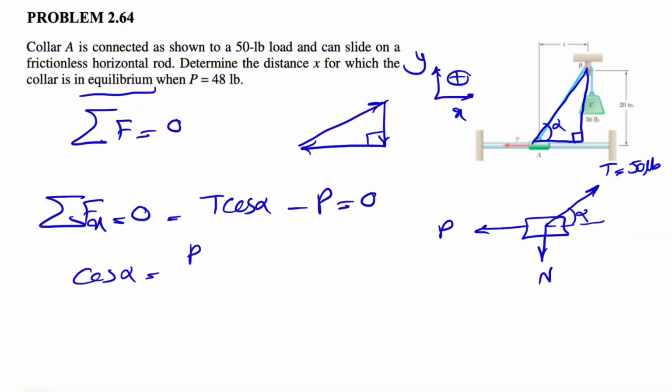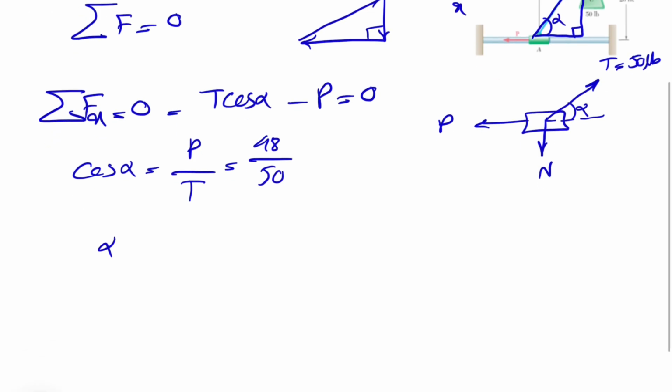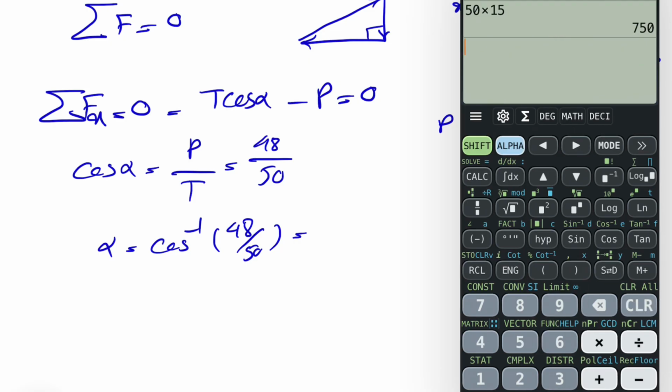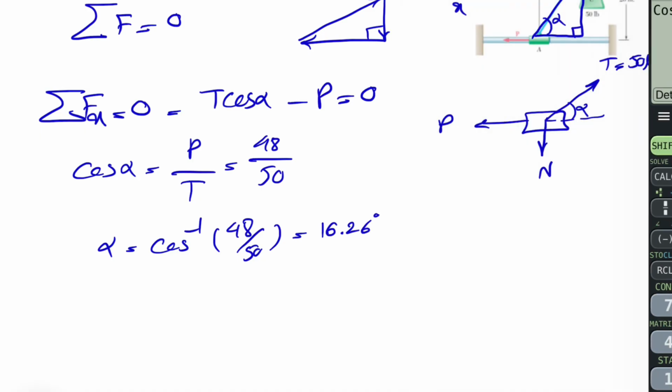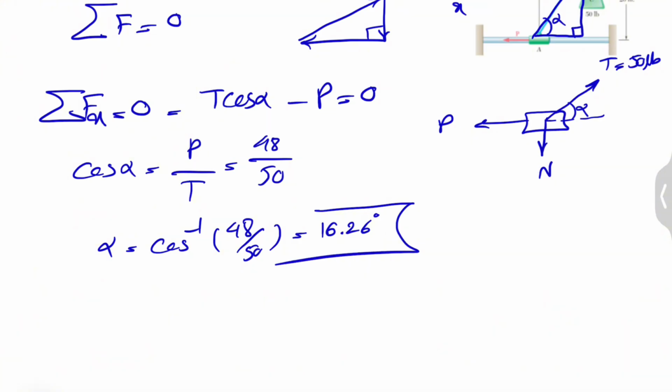So cosine of alpha would be P over T, which is 48 pounds over 50. So alpha is cosine inverse of 48 over 50, which is going to be 16.26 degrees.